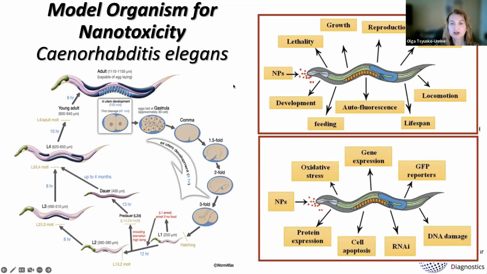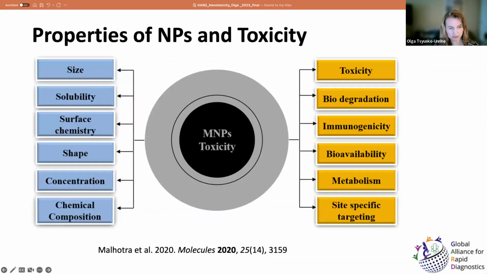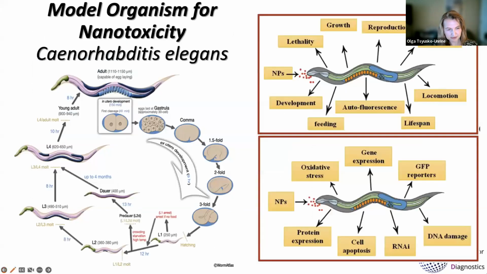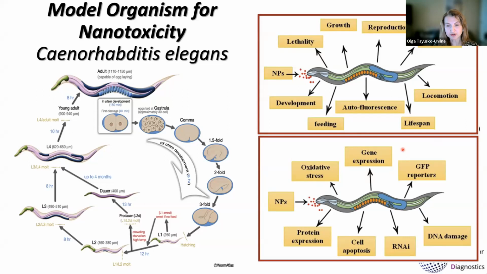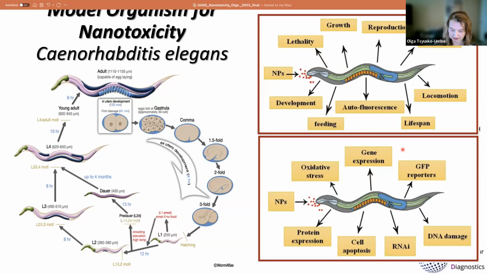It's 3 days, and these are different endpoints that can be estimated just using the nematode. There is also a lot of conservation of biological pathways with mammals, so it is a predictive tool for toxicity in mammals too.